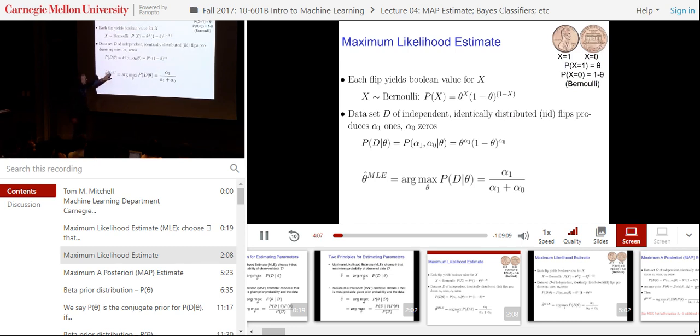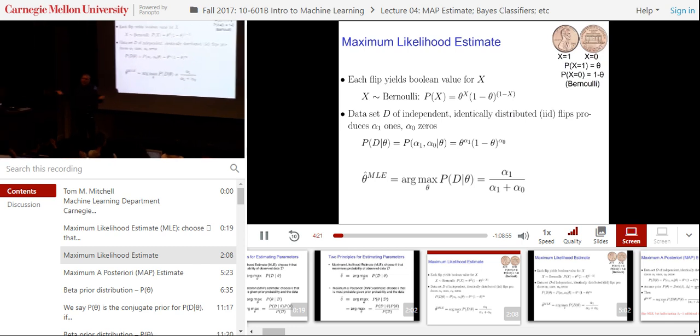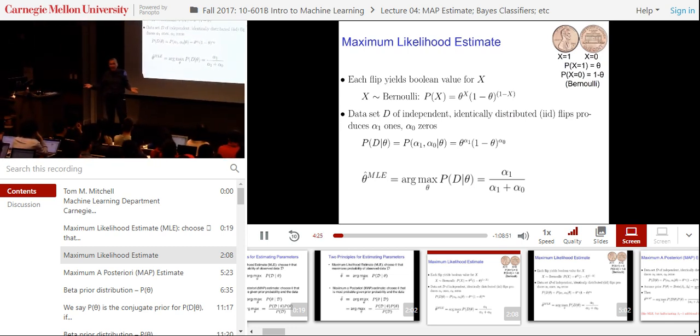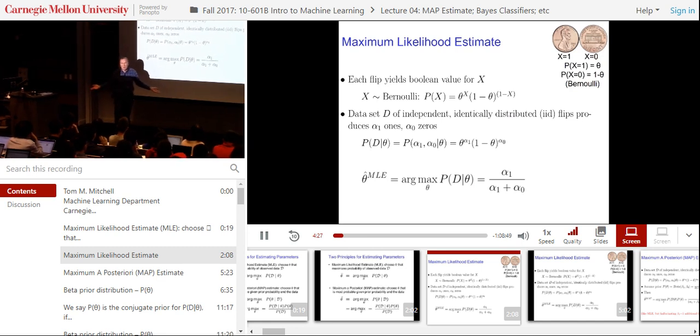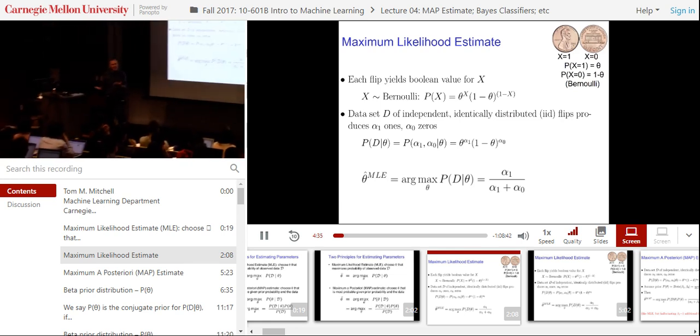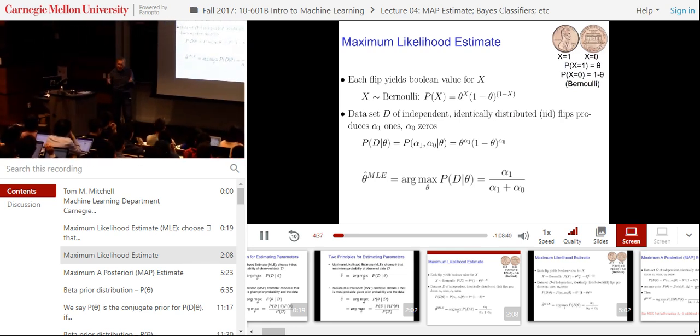And so then the maximum likelihood estimate, we did some calculus to figure out that the value of theta that makes this most probable is actually just this, which fortunately jives with our common sense notion that we should just look at what fraction of the coins end up being a head flip compared to the total number of flips we did. And in fact, that provably does give us the maximum likelihood estimate for theta.